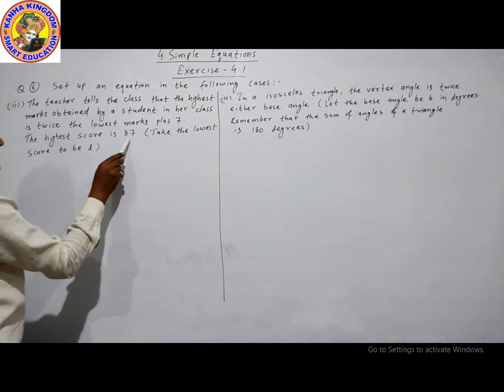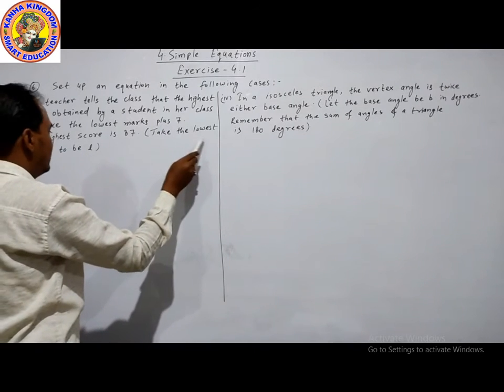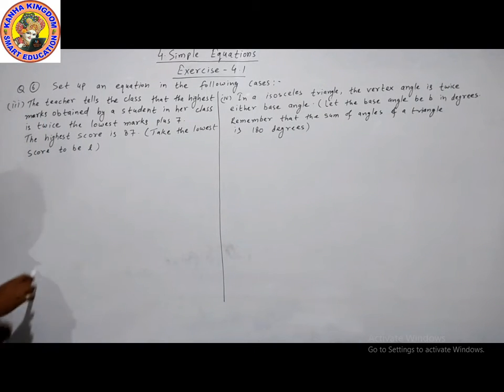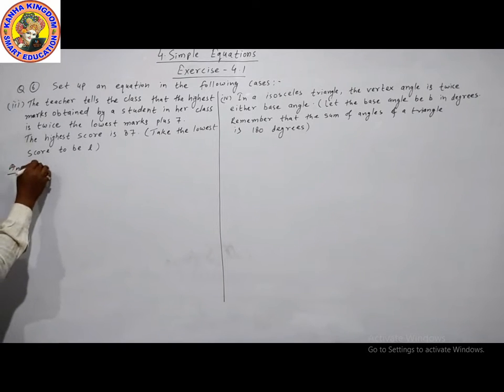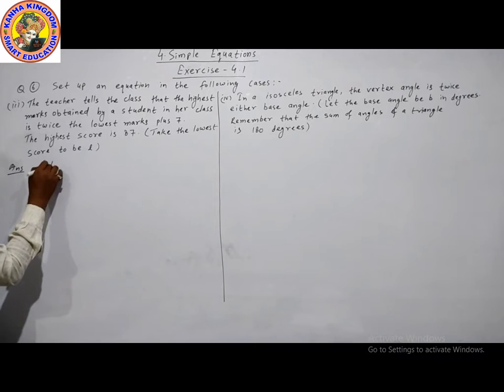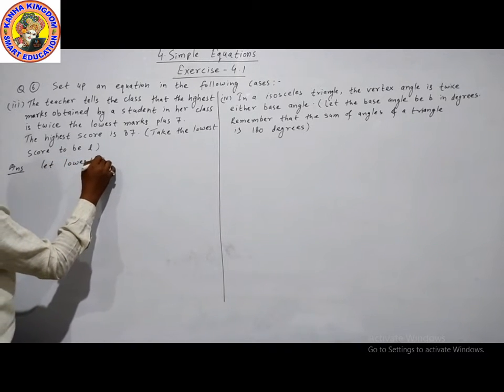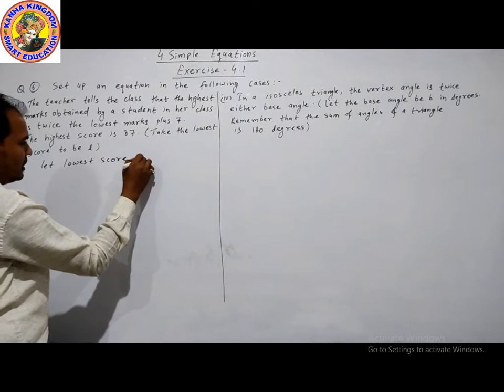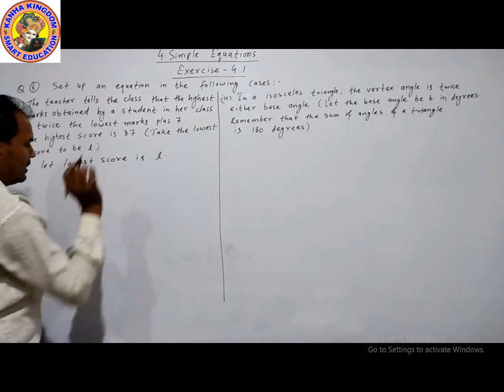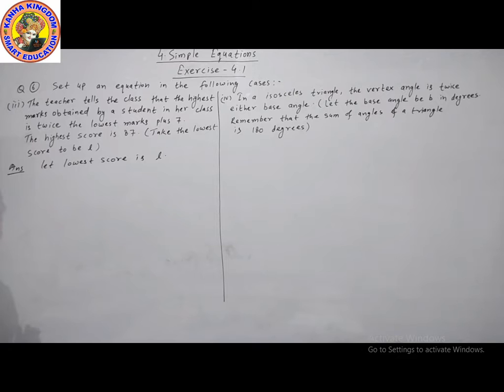The highest score is 87. Take the lowest score to be L. First of all, let the lowest score be L.